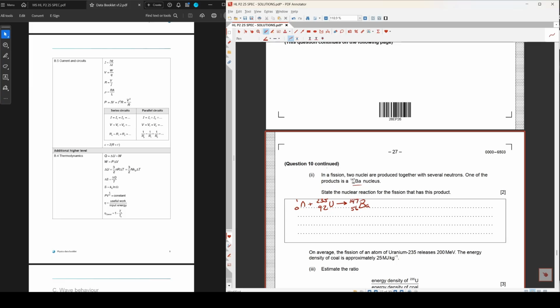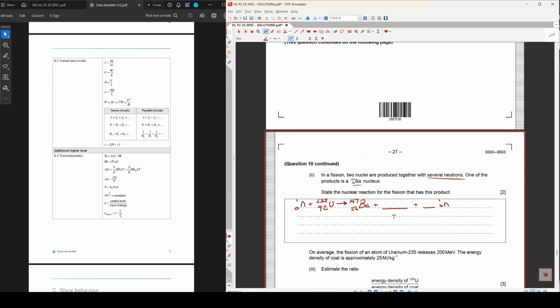Okay, so it's a bit of a puzzle, but I know that it's emitted with several neutrons. So there's going to be some other something here, because definitely I need to get 92 on the bottom. And there's also going to be some number of extra neutrons. And that's what I have to figure out. Well, I don't know this until I know this.